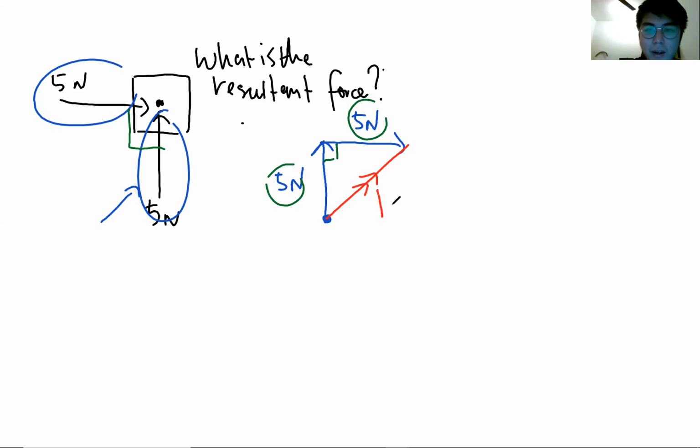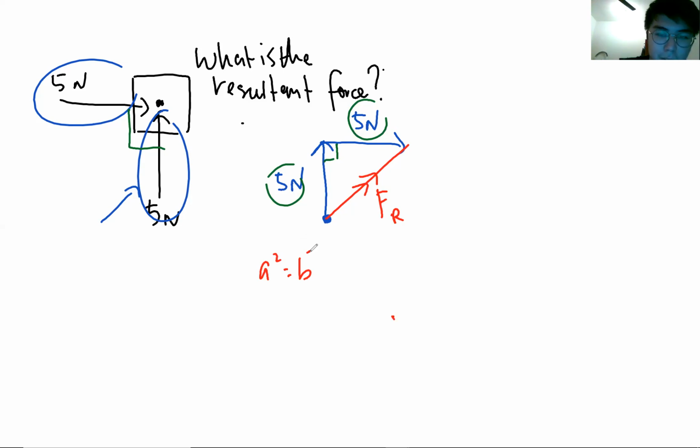Okay, this is Fr. Now, if I want you to calculate the resultant force, what is the magnitude? So this one, you use the Pythagoras theorem you learn in mathematics, right? So Fr, 记得那个 a square equals to b square plus c square. Okay.